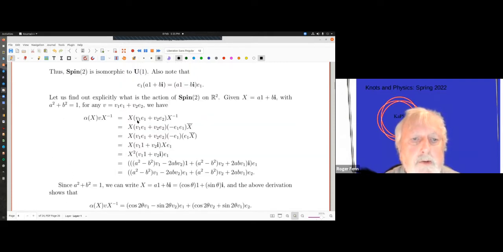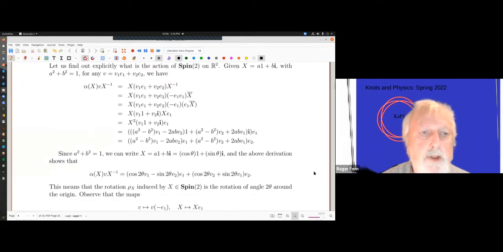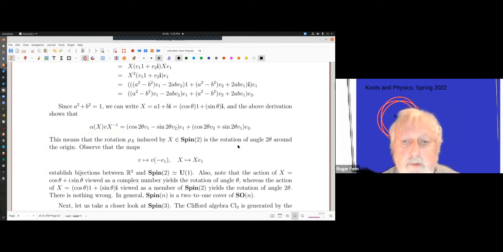Written this as B1, of course, is a real number, and B2 is a real number, which is slightly confusing. But I guess it's just the coordinates. So this rho x is a rotation of angle 2 theta about the origin.